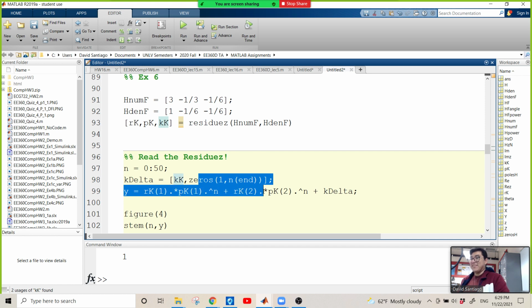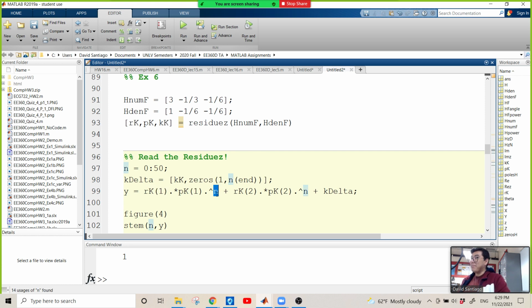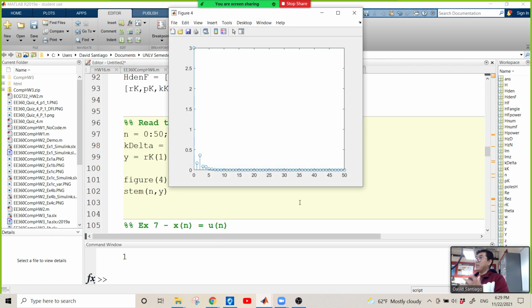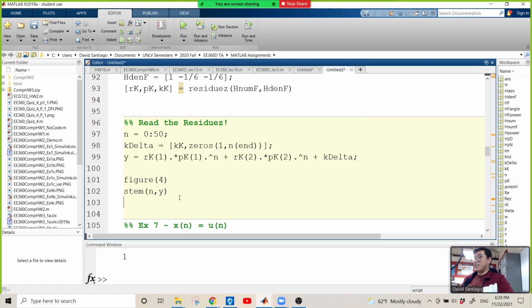And then we just add zeros. Easy, right? And then here's our residue. Here's our pole to the nth power. Okay, and then let's see what this puppy pops out. Cool, right? And don't forget the title. Someone's not titling this class. Title. Impulse response using hand calcs.